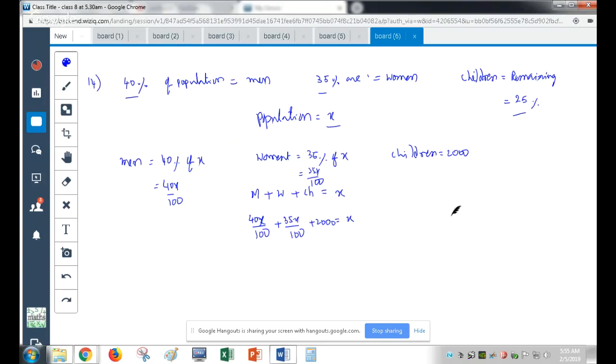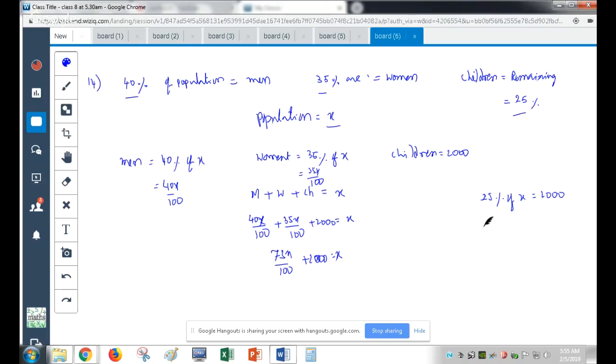So you can do it the other way also. 25% of x is equal to 2000. Even this is also correct. Whatever the method you want to do, you can do it. So 75x by 100 plus 2000 is equal to x.